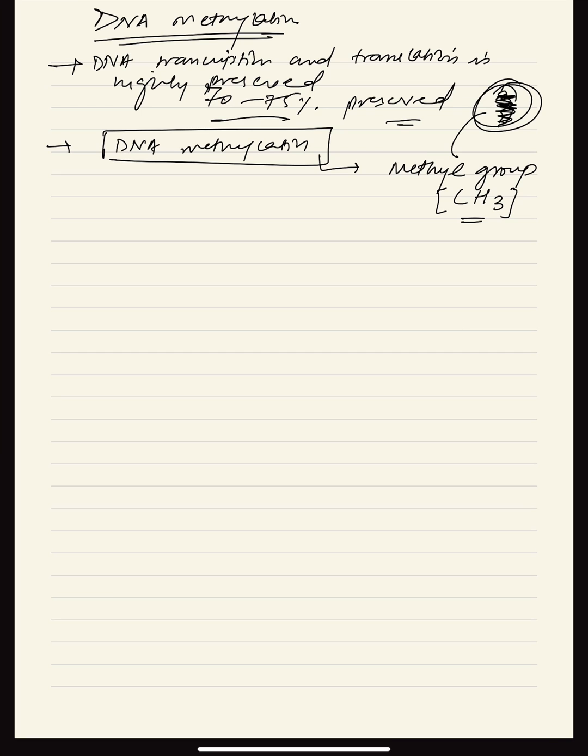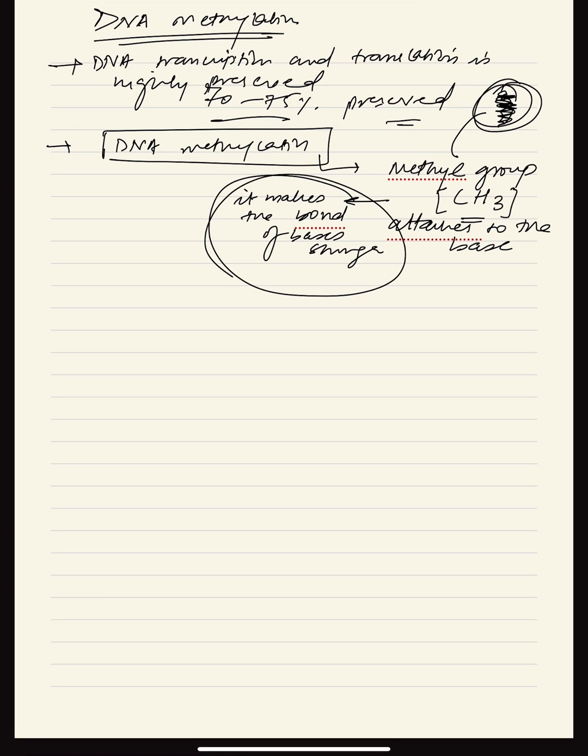Okay, this very group is going to attach to a base. Methyl group attaches to a base. And when it does that, it makes the bond of bases stronger, right? It makes the bond of the bases stronger.